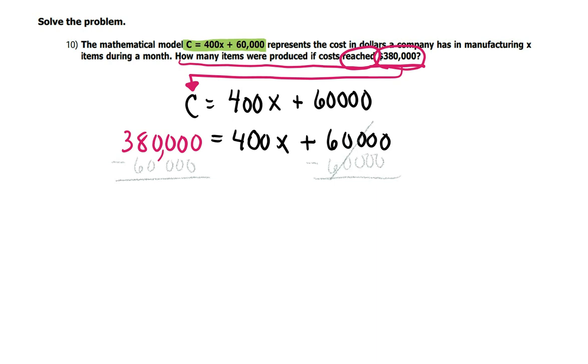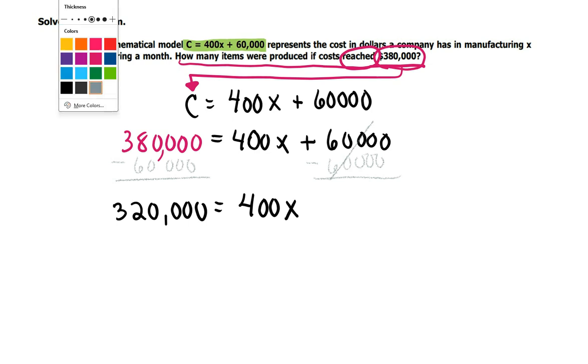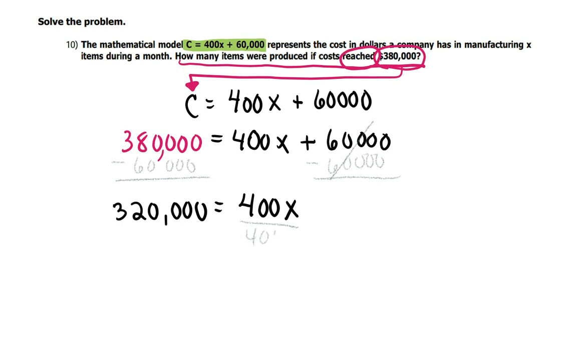I'm going to get 320,000 on the left equals 400x on the right, and then just divide off that 400. And boom, you'll be done, because 400 over 400 is an invisible 1x, and 320,000 divided by 400 comes out to be 800.